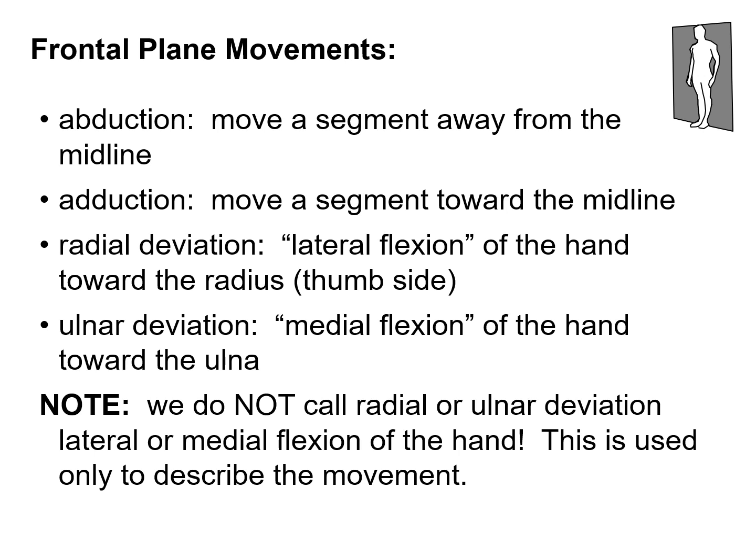The opposite of that is ulnar deviation. On the little finger side of your hand, if you laterally flex that and bring it closer to your forearm, that is ulnar deviation. However, we do not call radial or ulnar deviation lateral or medial flexion of the hand. This is used only to describe that movement. Please use radial and ulnar deviation.